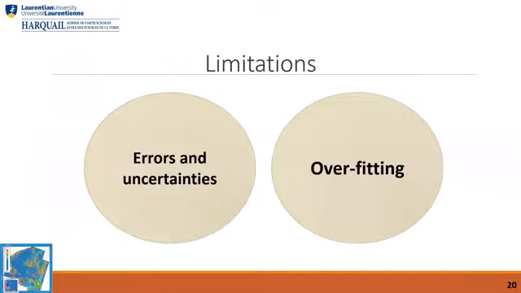So we have some limitations in using machine learning algorithms for mineral potential mapping in general. Errors and uncertainties affect our model, and overfitting is one of the common errors that we have, but I have separated it from other errors because this one is the topic of today's talk, and it is going to be an important one.